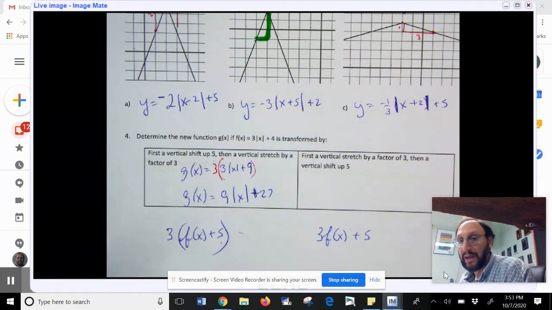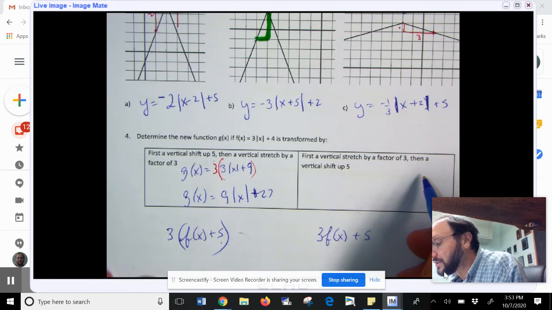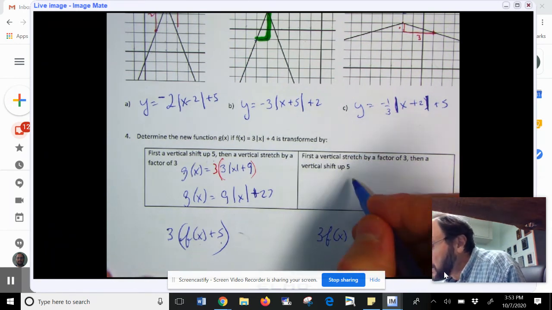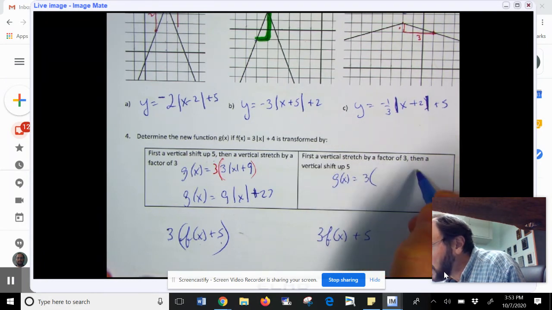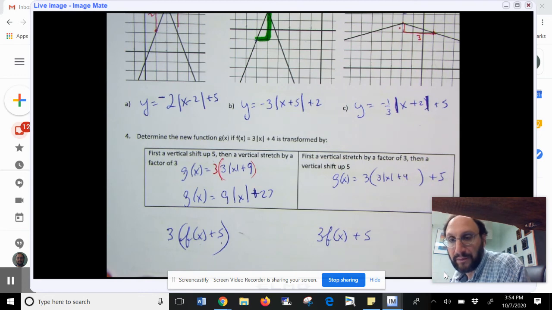And the second one, the first thing we're going to do is a vertical stretch by a factor of 3. So the first thing we're going to do with this one is take 3 times the whole thing, 3 absolute value of x plus 4, and then we're going to add 5 afterwards, like an afterthought or something.